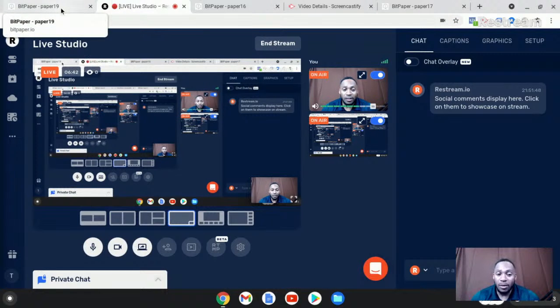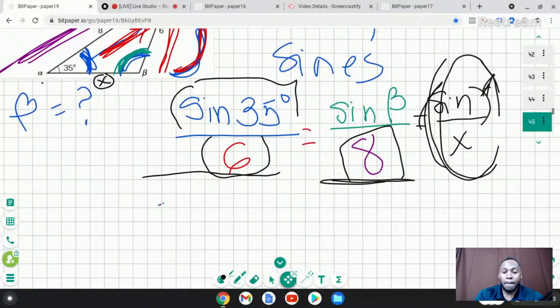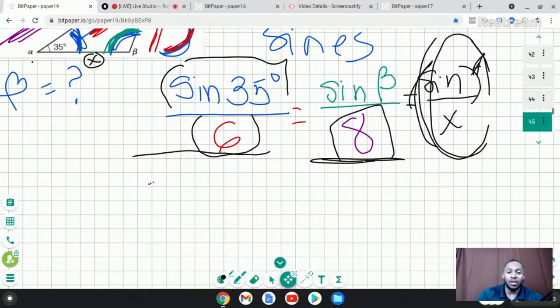We're going to plug in those numbers and see what the value for sine of beta is. So this is what we have in front of us, and we don't need the triangle anymore.